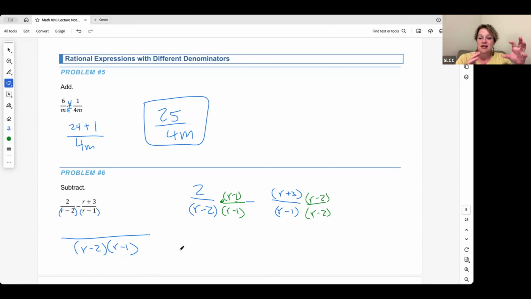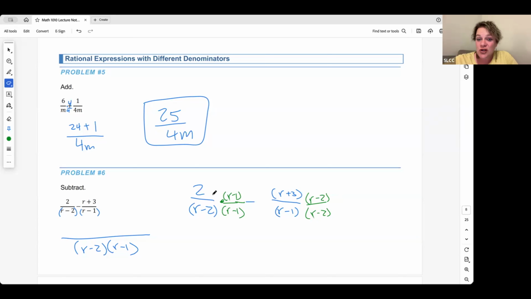How do I get these fractions to have a common denominator? I multiply to see what I'm missing. The common denominator, the least common multiple, what all the denominators can multiply into, is r minus 2 times r minus 1. Then I fix the numerators by multiplying by what I'm missing.